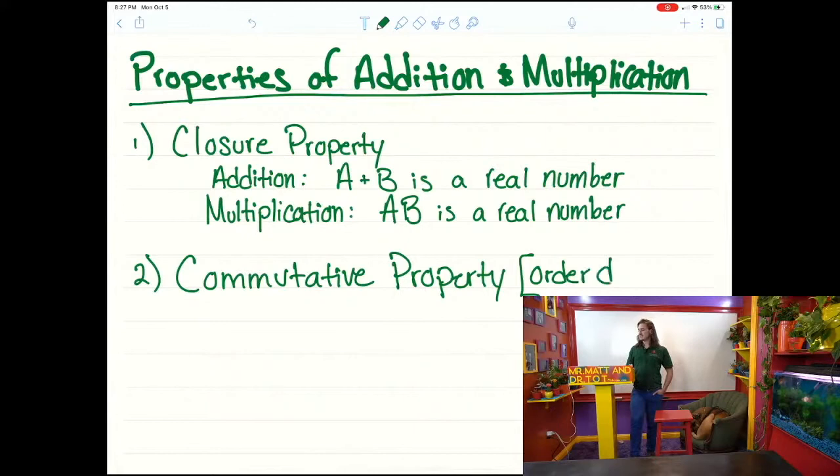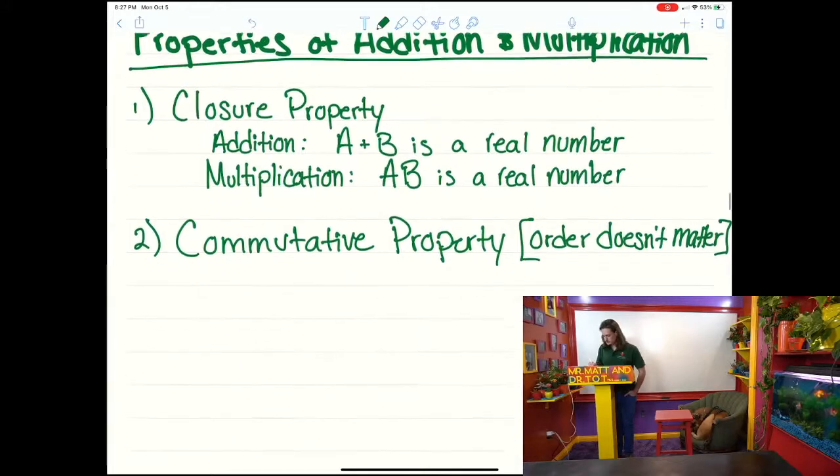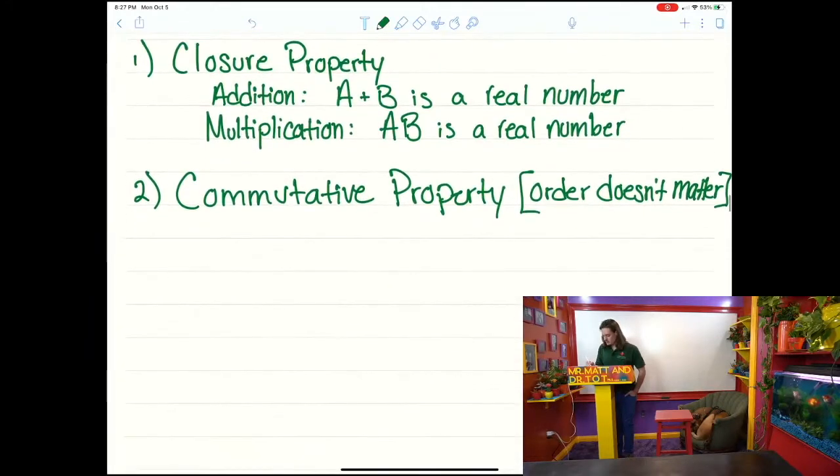So you can see that the order in addition and multiplication doesn't actually matter at all. So the actual rule here, for addition, the property is A plus B is equal to B plus A. For multiplication, A times B is always equal to B times A.